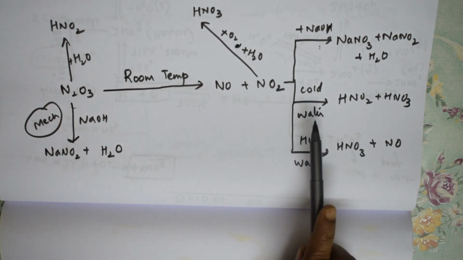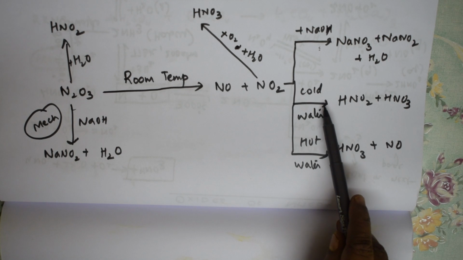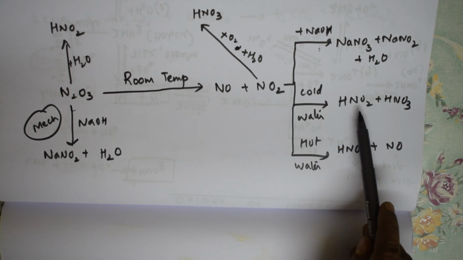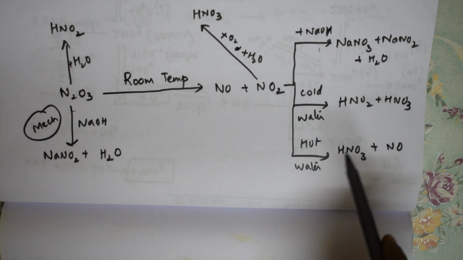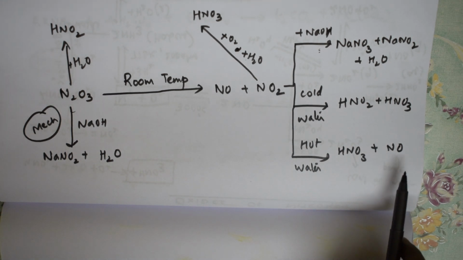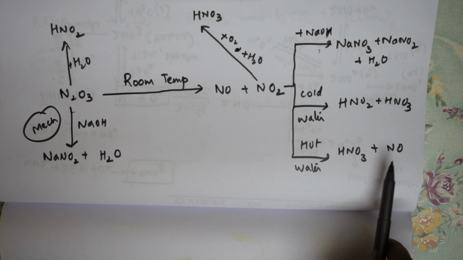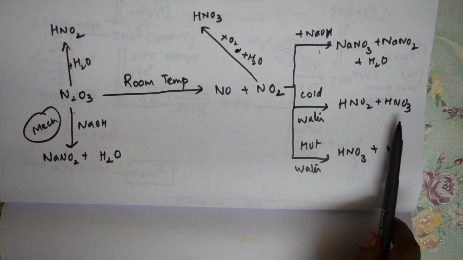When you treat it with cold water, you'll get a combination of nitrous acid and nitric acid. When you treat it with hot water, you'll get a combination of nitric acid and nitric oxide.